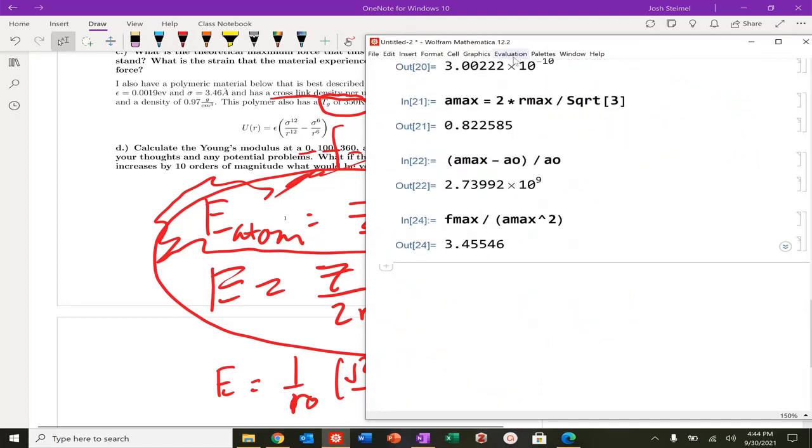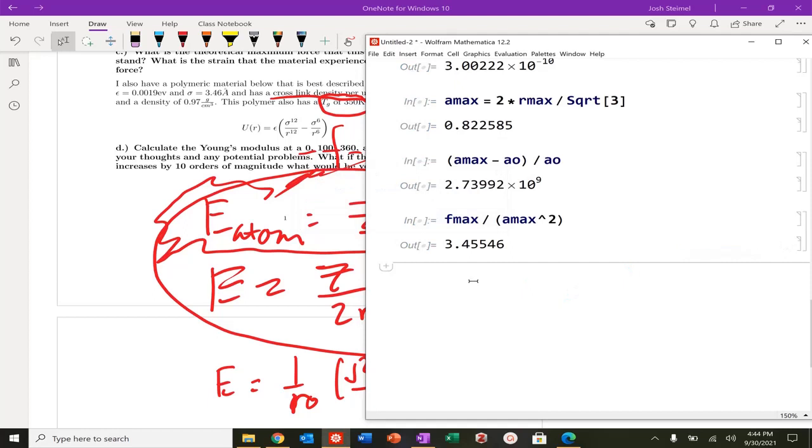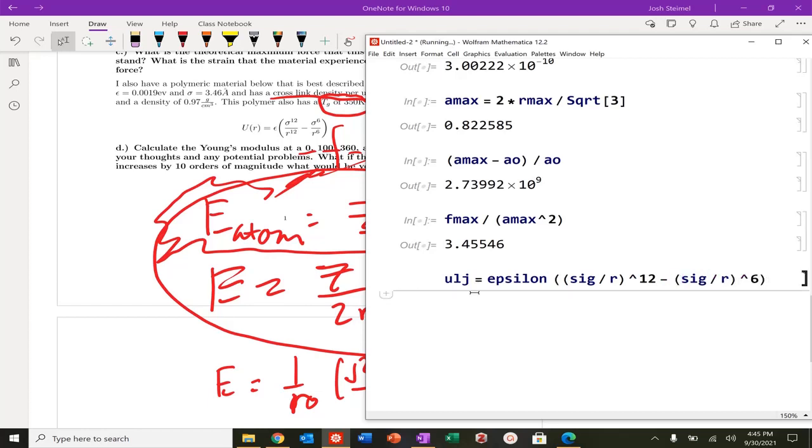So I'm going to clear my kernel, and I'm going to get the following. My U_LJ is equal to epsilon times sigma divided by r to the twelfth minus sigma divided by r to the sixth, like this.